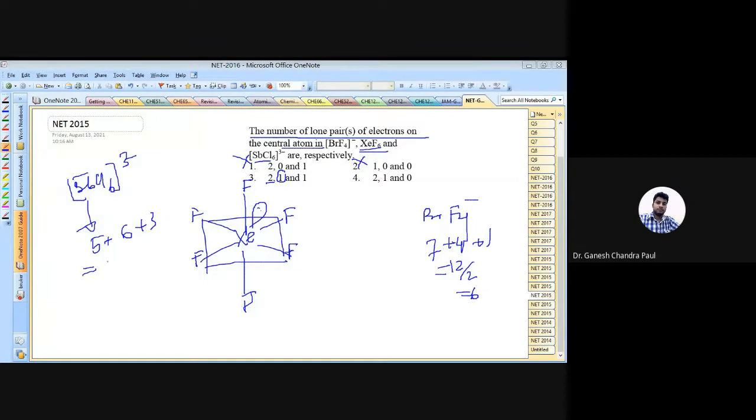So it is 14, divided by 2, so it is 7, right? So 7 means it is sp3d3, and you can see here there are 6 chlorine, so 6 bond pairs and 1 lone pair. So option C is the correct answer.